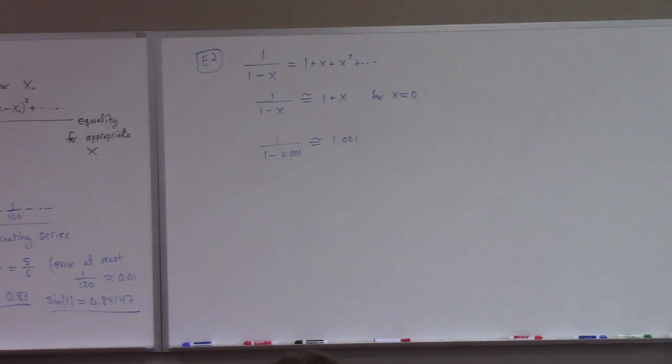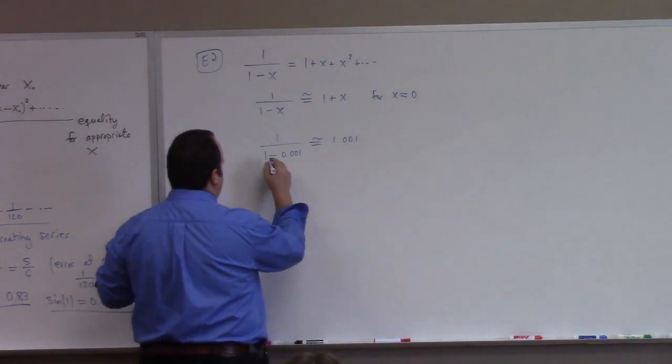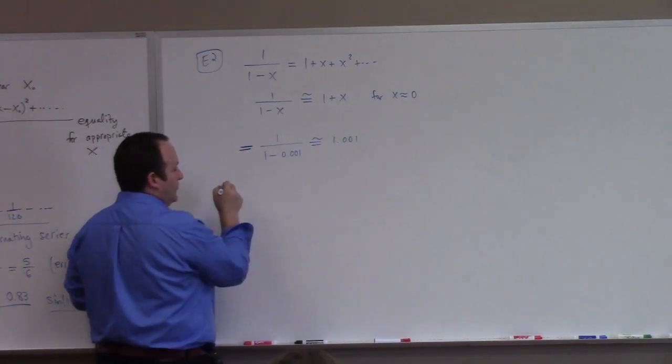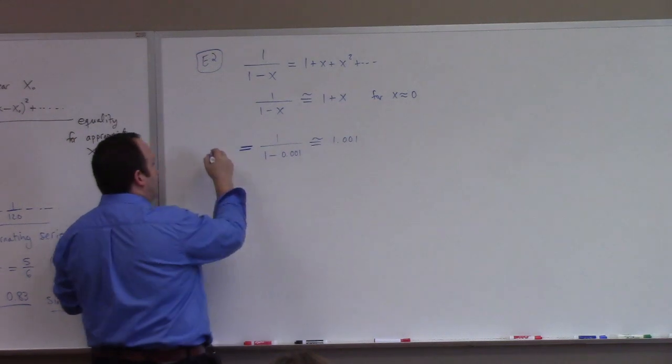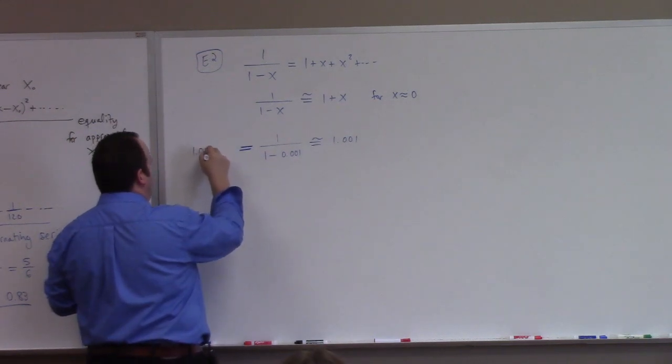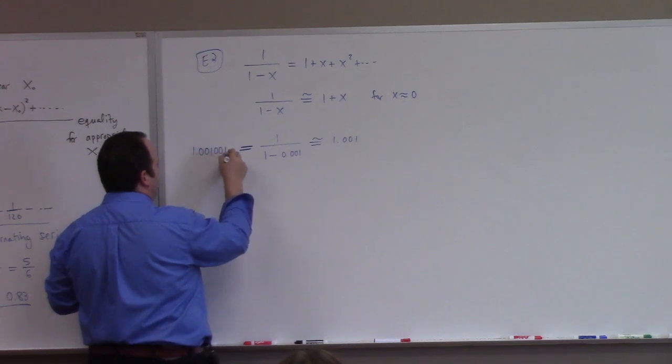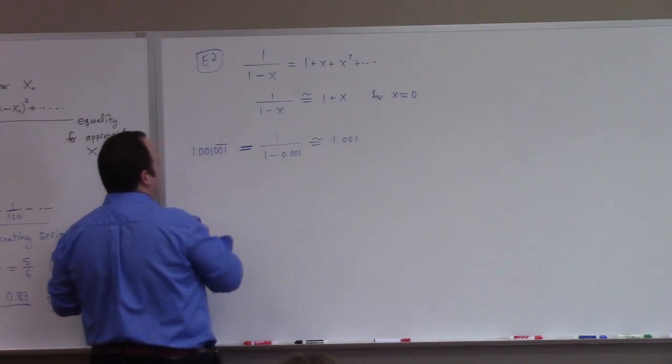For some reason, I have this laser. So what do you guys get? So what did this actually work out to? According to your calculator? 1.001001001, so like that repeated.